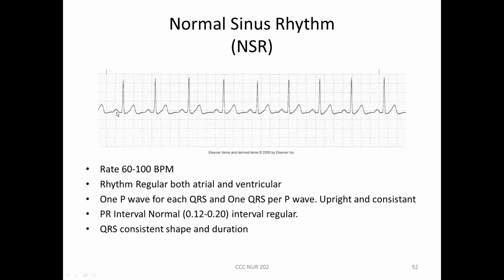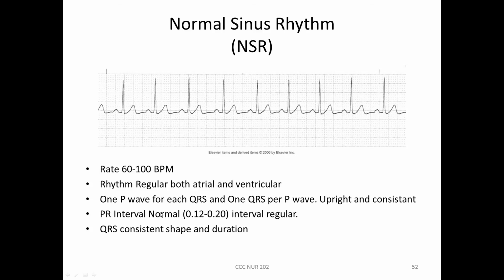So you're counting your rhythm here. Your atrial P waves 1, 2, 3, 4, 5, 6, 7, 8. That's okay, it's still okay there.